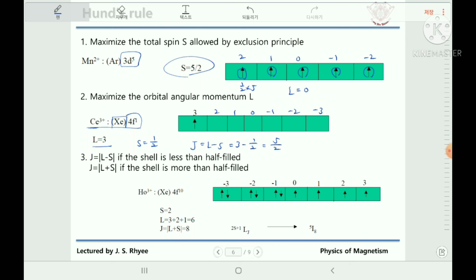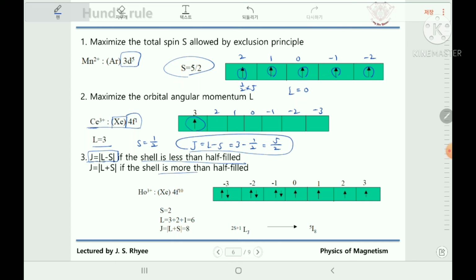The third rule can be understood as follows: if the shell is less than half filled, J equals L minus S. Here we consider L minus S because with 1 electron it is less than half filled.